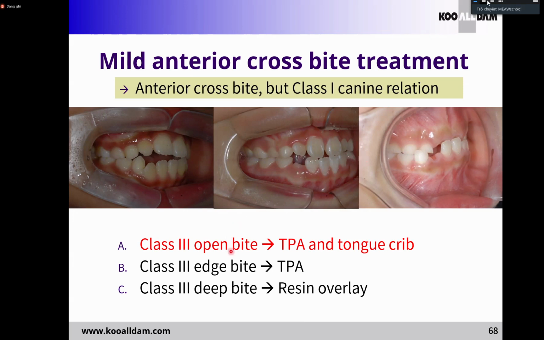We can see class 3 open bite, in some cases class 3 edge bite, and in some cases class 3 deep bite. In class 3 open bite, the patient has protrusive lips and the profile is not good, so we may use TPA and tongue clip. In class 3 edge bite, we may use TPA. In class 3 deep bite, we may use resin overlay.